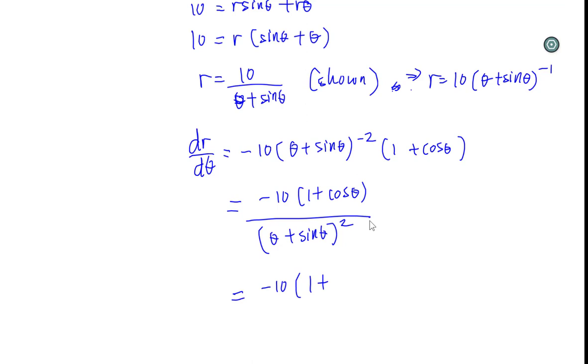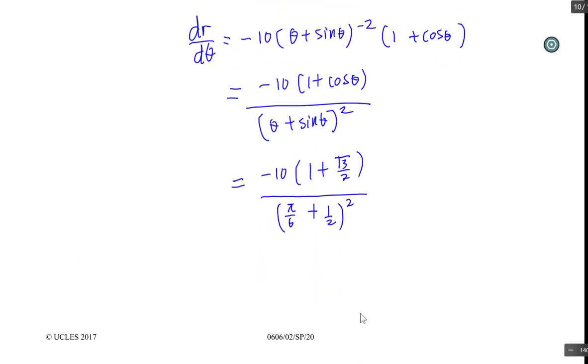So -10 times (1 plus cos pi over 6). Pi over 6 is 30 degrees. Cos 30 degrees should be square root 3 over 2. Sine pi over 6 will be 0.5. Actually, you don't need to do it like me, just type everything in the calculator.